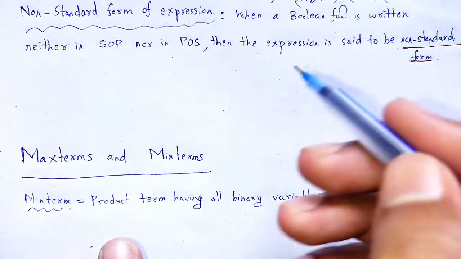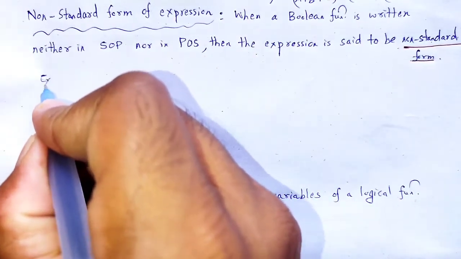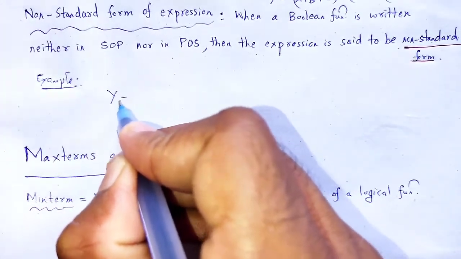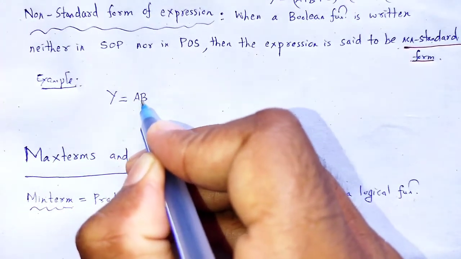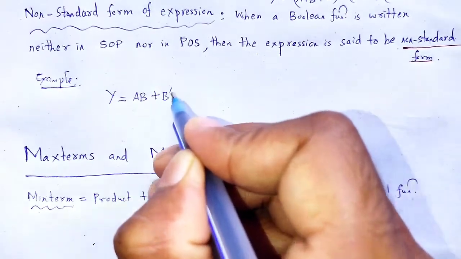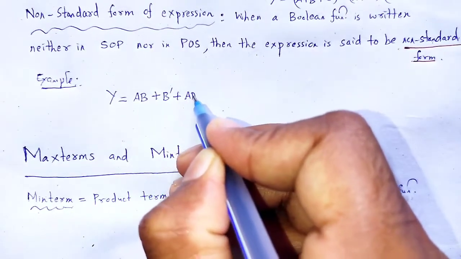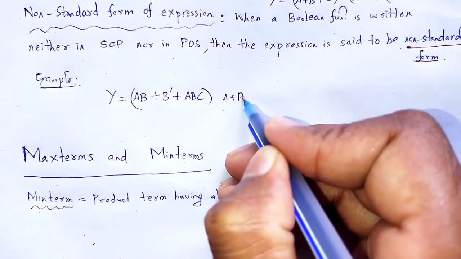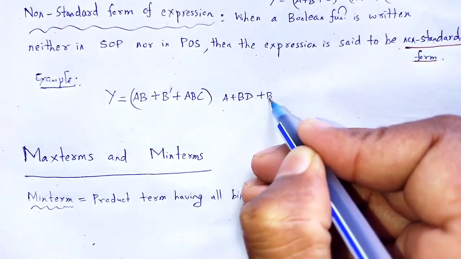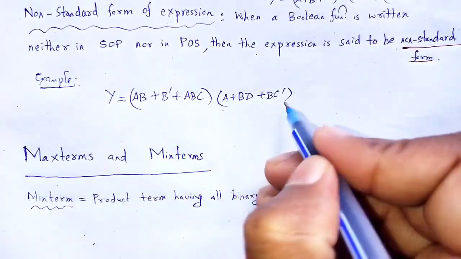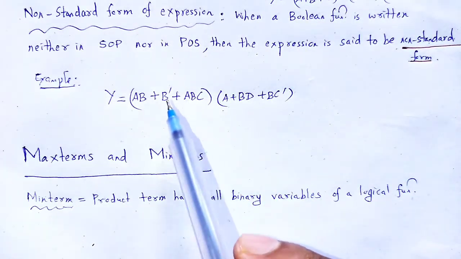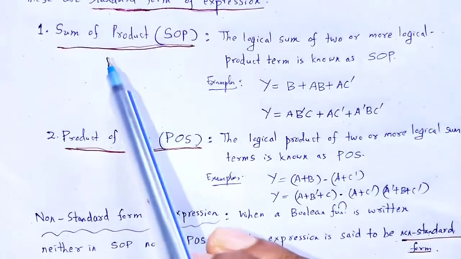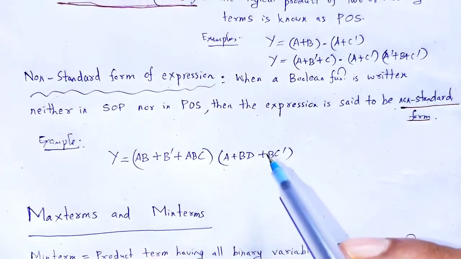Example of a non-standard form: y = ab + (b' + abc)(a + bd + bc'). Look at that particular expression here, that expression is not written either in SOP or POS form.